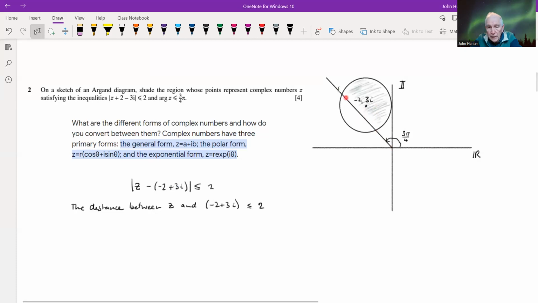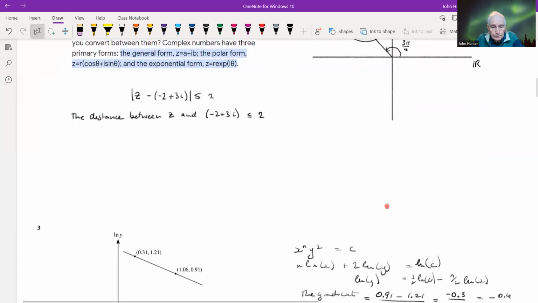So this line is the other constraint. If we put those two constraints together, we see that the area that satisfies both of these constraints is this bit here, this larger part of this circle. Okay, so that is that one.